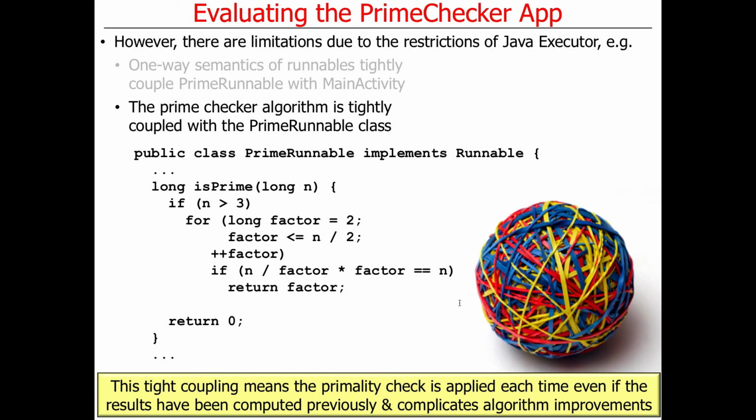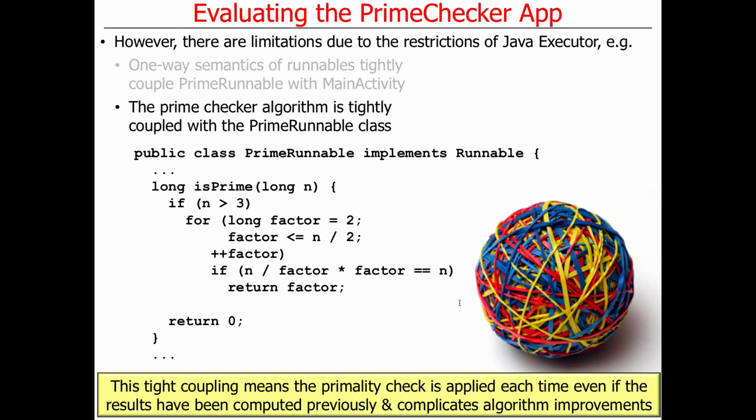We also tightly couple the prime checker algorithm with the PrimeRunnable class. So these things are tightly coupled, kind of like a big ball of mud. One of the problems with this implementation approach is that if we come up with a better algorithm for checking for something's primeness, we're going to have to do some major surgery to our code, because right now it's hard-coded to work only with this particular kind of implementation.